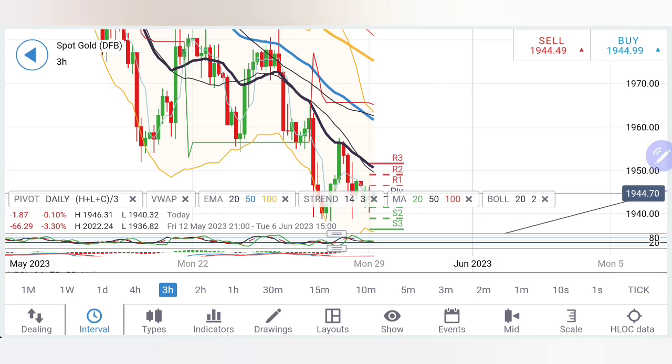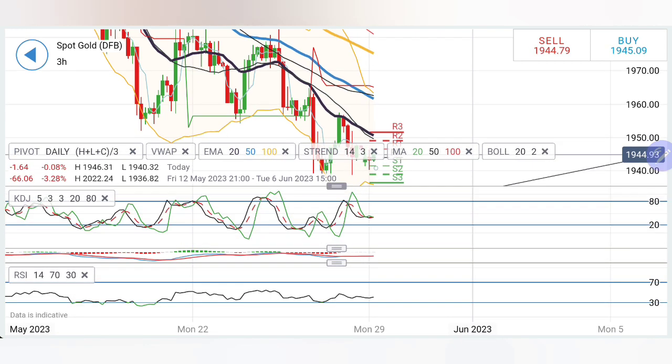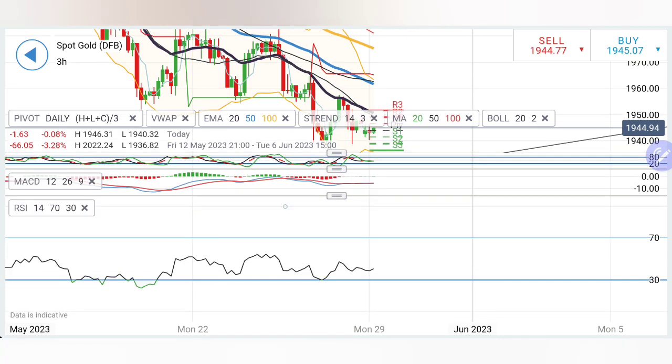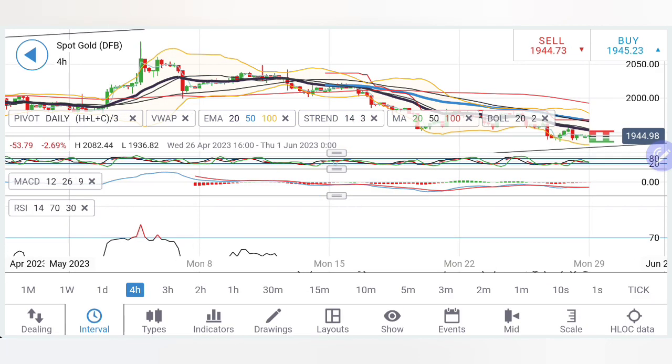It can in fact rise towards 1965-70, but safety is better than a loss, and hence always trade with a stop loss at cost. Till it's below 1985, you have to put the stop loss at your entry price. Remember this fact. Stochastic flat, MACD is almost flat, RSI is almost flat at bottom.